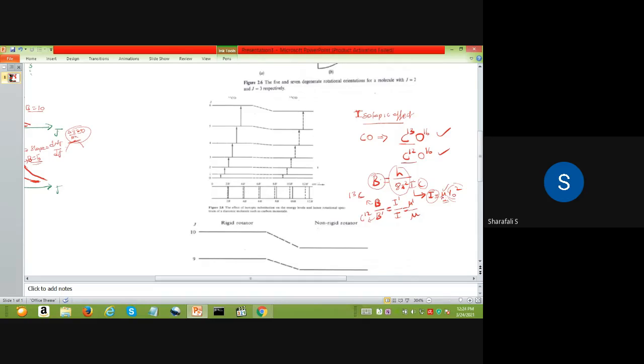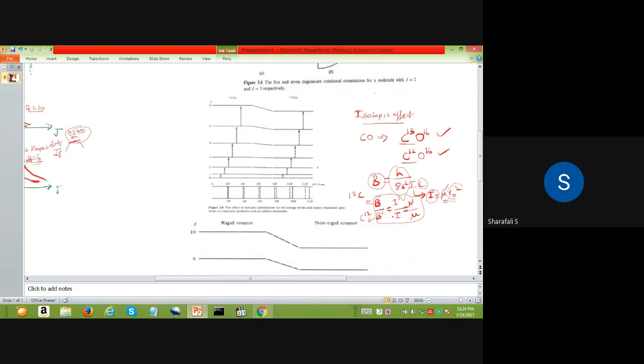In that case, we can say that I dash by I will be equal to mu dash by mu. So if you know B, B dash, I dash, or mu dash, you can calculate the other parameters, which means that if you know B and B dash, you can calculate I dash by I, and you can calculate mu dash by mu. Then you can calculate the mass of that particular atom that you have substituted.